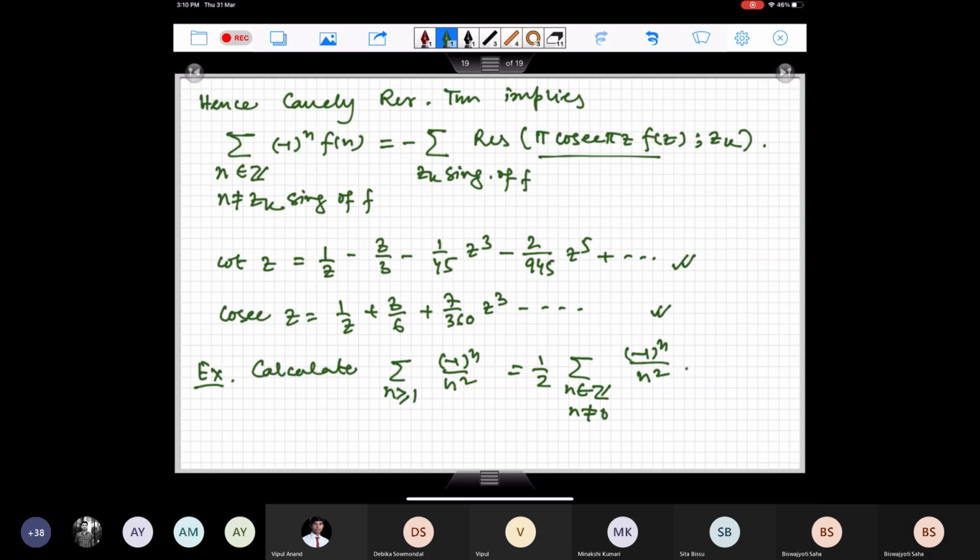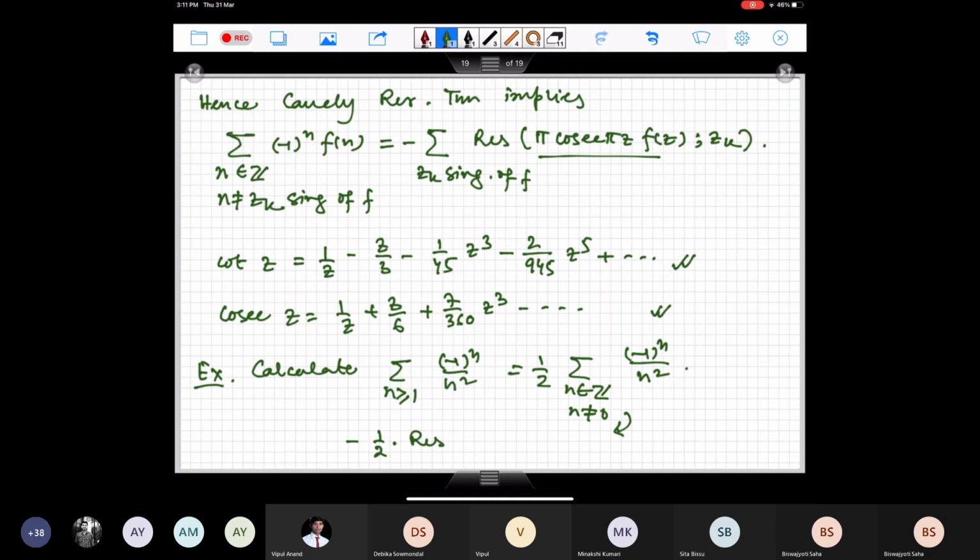Okay, so this is what I have, and therefore what do I get? I get that this term is therefore, by the formula, actually half times, there is a minus, and residue. Of course, f has only one singularity.